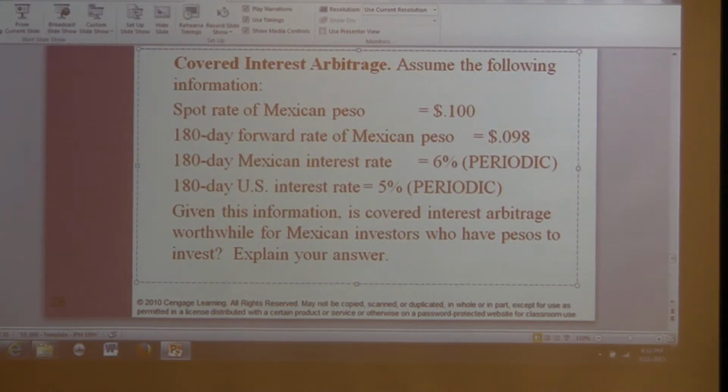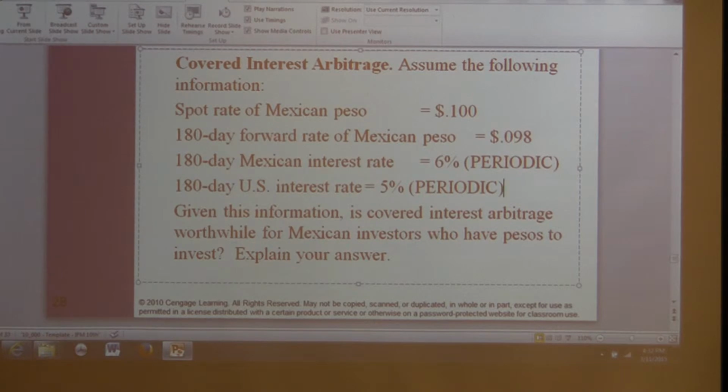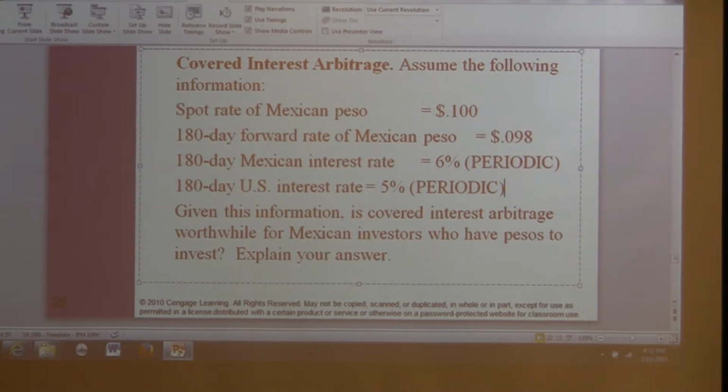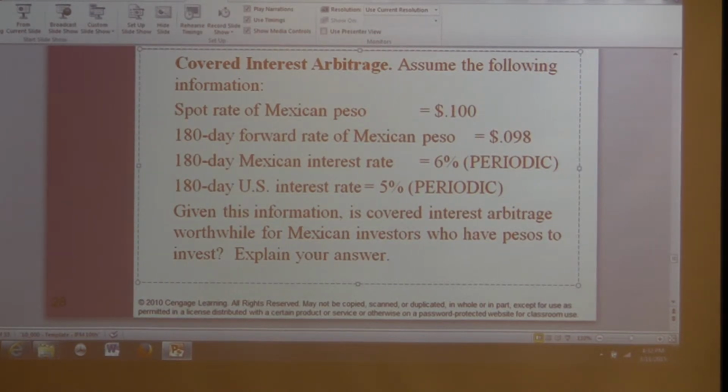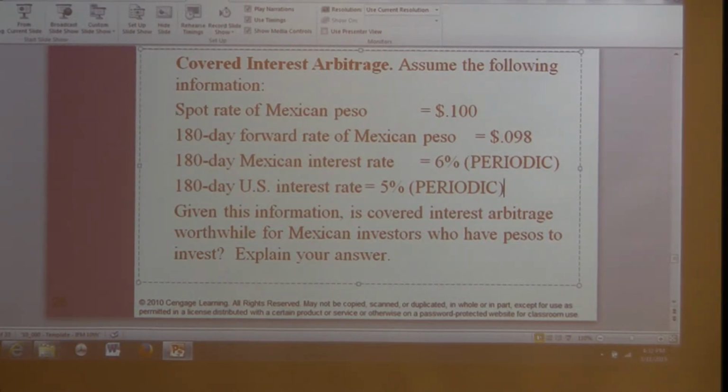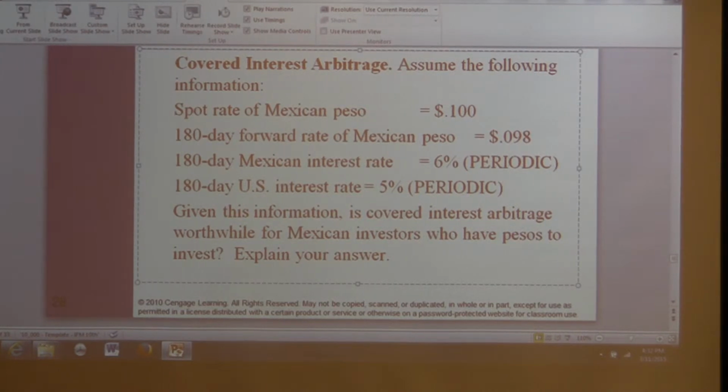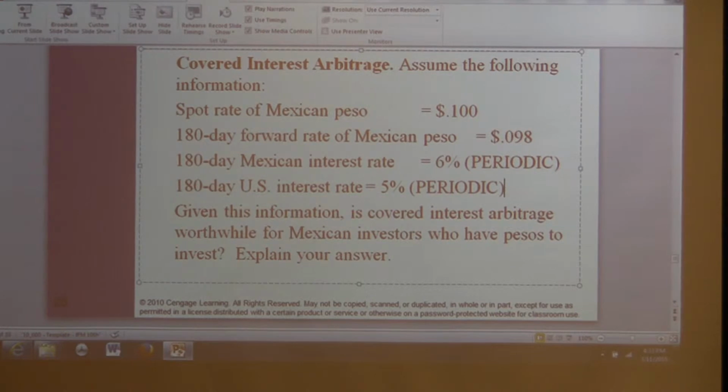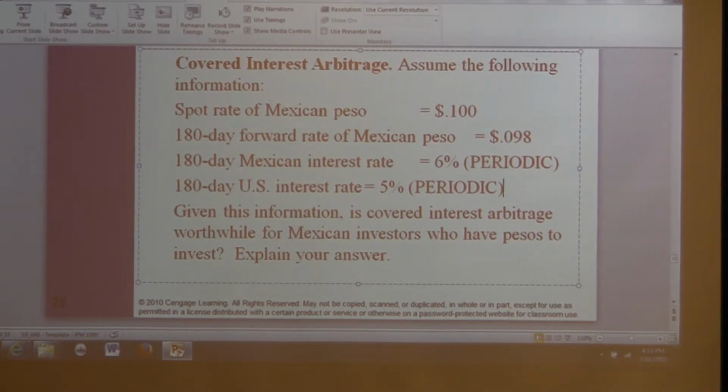Anybody want to try? What would be forward price? So F is given by S multiplied by the difference. So what do you think would be the answer? Yeah. Okay, so here F is given by S times 1 plus RH divided by 1 plus RF, okay? That's what we want to do here.